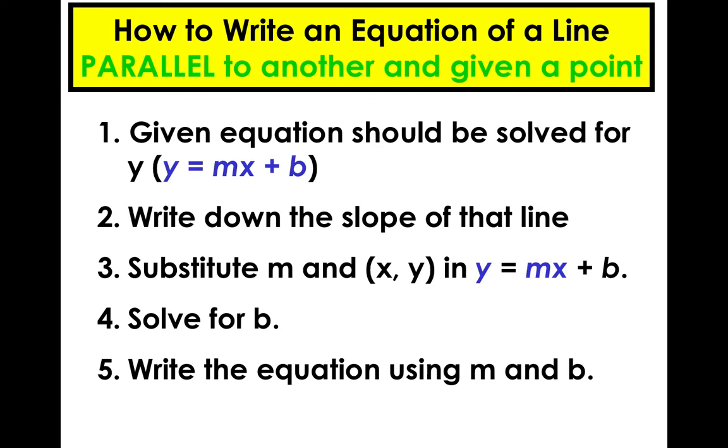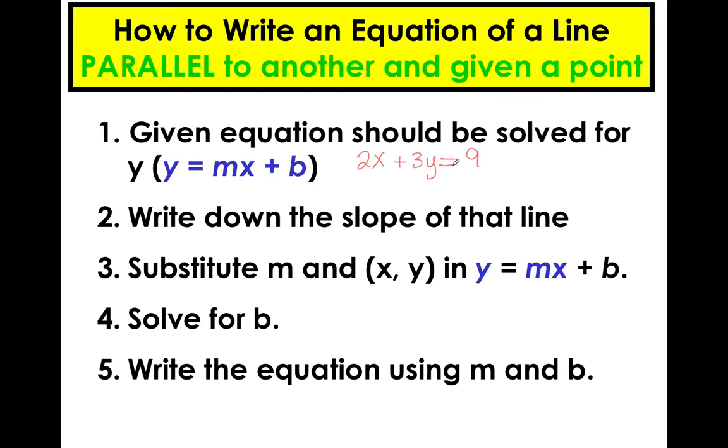All right. So one thing I want to make sure we do, just to make sure we understand what I mean when I say in number one, solve for y. If I gave you the equation 2x plus 3y equals 9, notice this is not solved for y, meaning the y is not isolated.